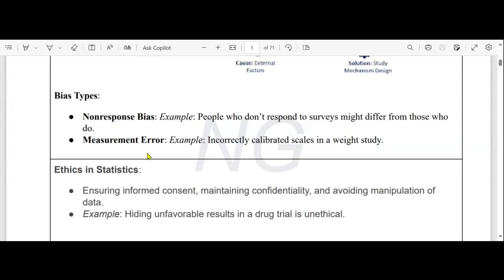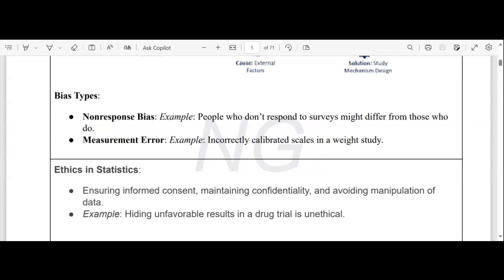Another type here is called measurement error. Example, incorrectly calibrated scales in a weight study. For example, you're measuring the weight of the students, right? And the scale that you are using is malfunctioning sometimes.